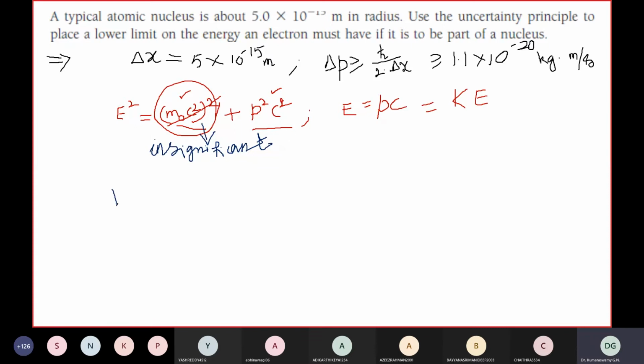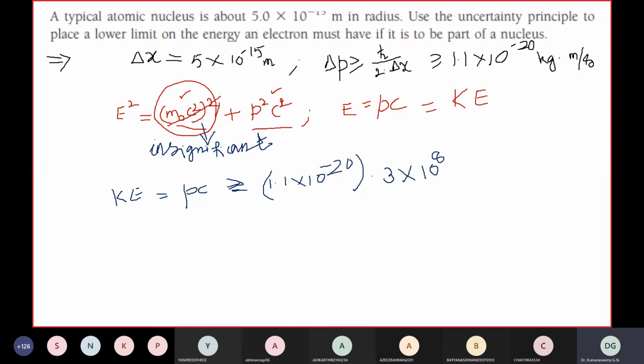Then we have kinetic energy is equal to p into c, which should be greater than or equal to, what is p? 1.1 into delta p itself, 1.1 into 10 to the power of minus 20 into c, which is 3 into 10 to the power of 8.